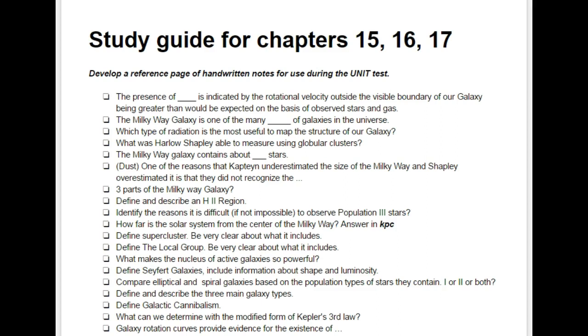Define and describe the 3 main galaxy types. I'm going to get you to look at your notes. 2 of them are spirals and ellipticals. I guess the third one would be irregulars. Just kidding.